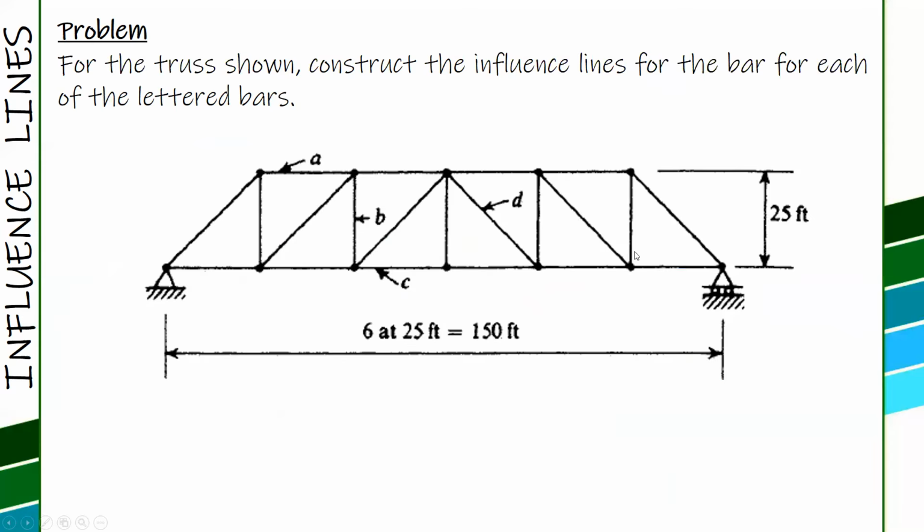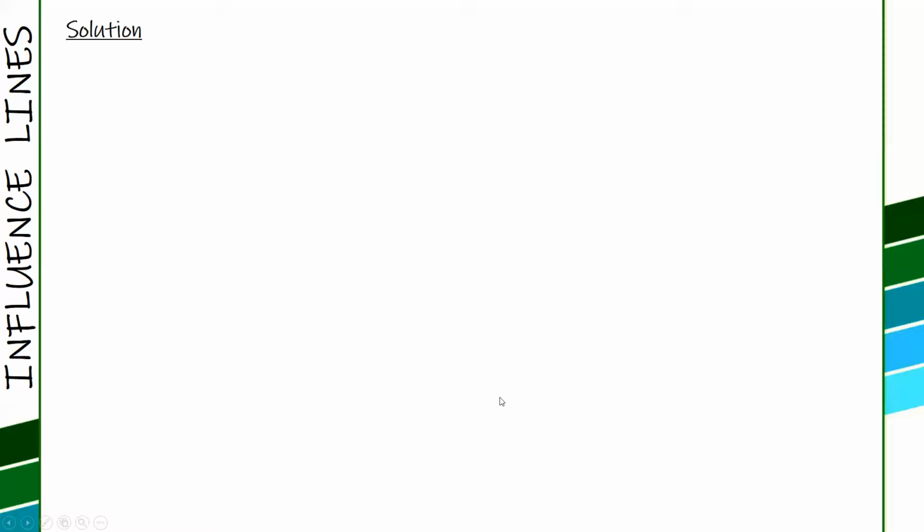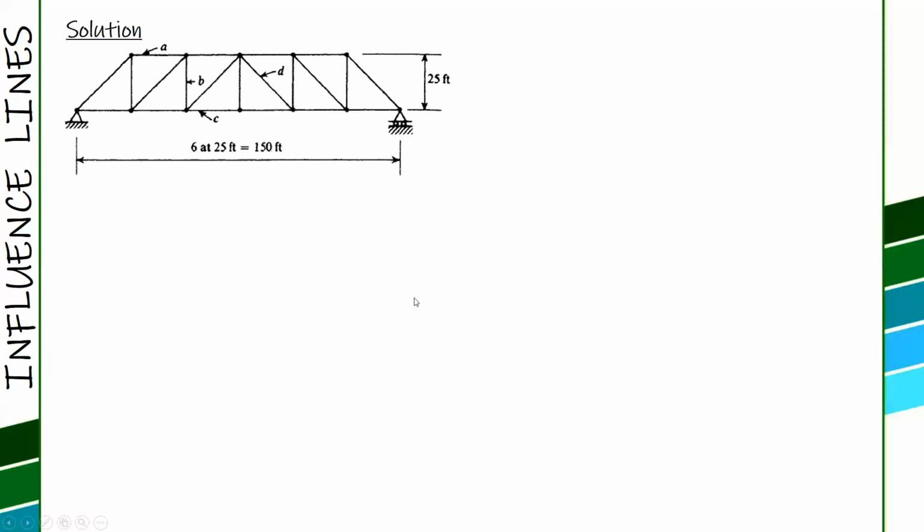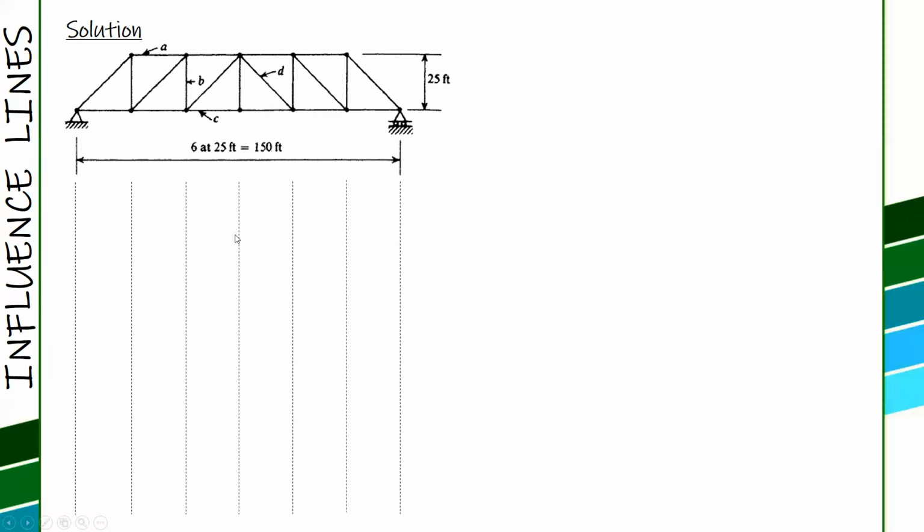So it's up to you to solve for A and B. Same procedure. First, you draw the influence lines for the reaction at the left support as a guide in solving for the member forces.